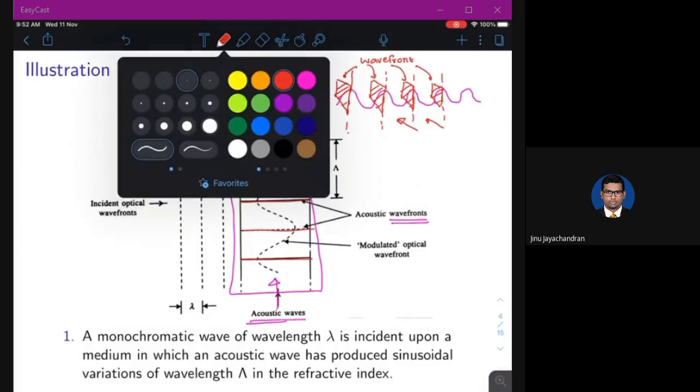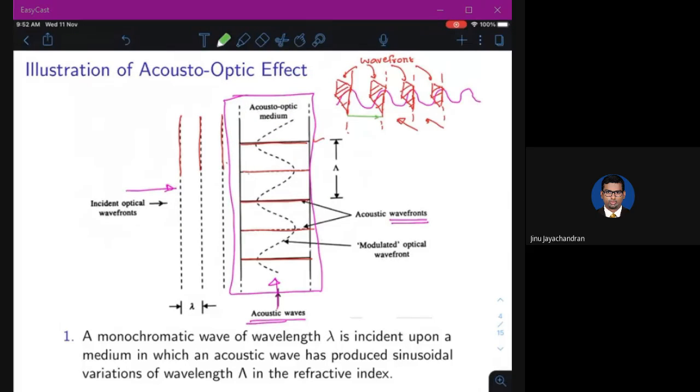Similarly, the distance between the wavefronts is basically lambda, because you are measuring the maxima of the wave, and the distance between two maxima is your wavelength. So this actually gives the lambda. Okay, so the acoustic wave is traveling in this direction. There are multiple lines drawn here. Some are dashed, and some are thick, and we'll see what all these things are.